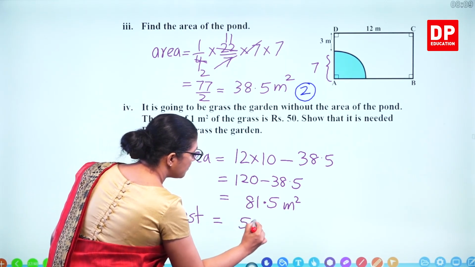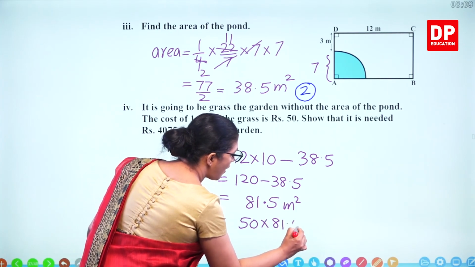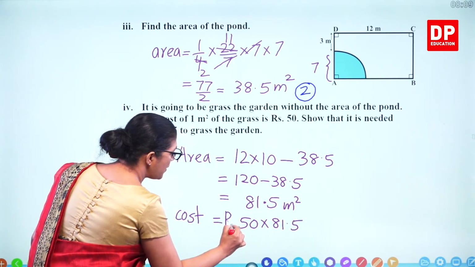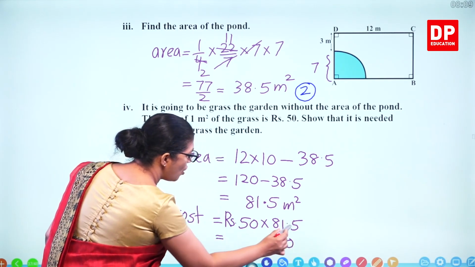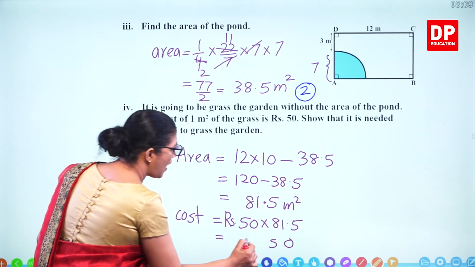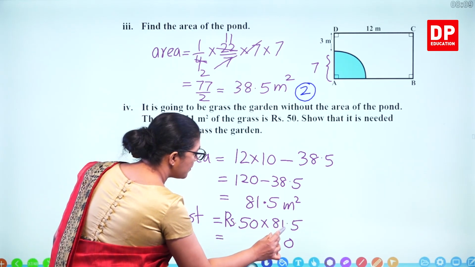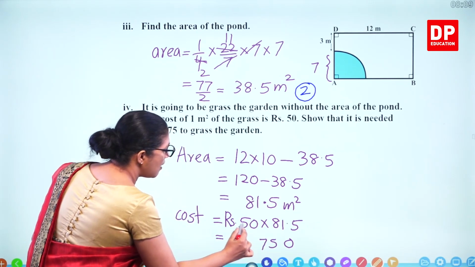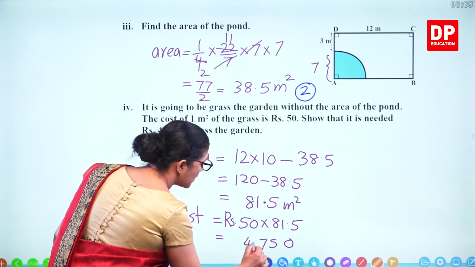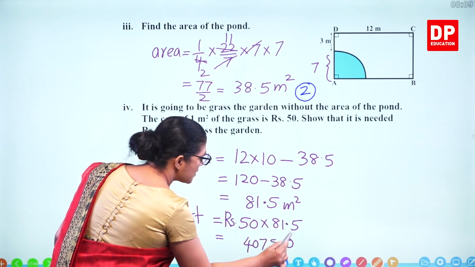50 times 81.5. That's in rupees. So multiply by 5, put 0. 5 times 5, 25. 5 times 1, 5 plus 2, 7. 5 times 8, 40. And here put 1 decimal place here.